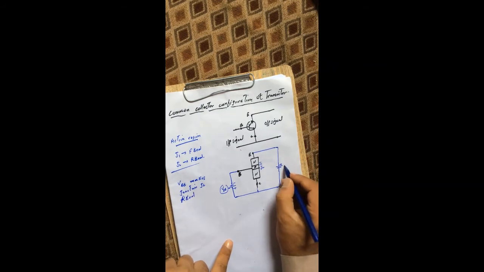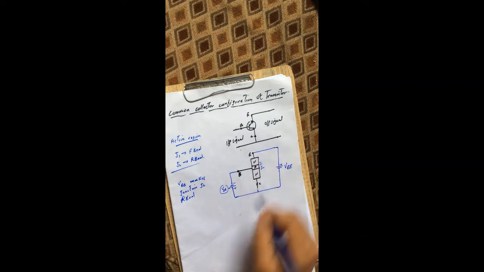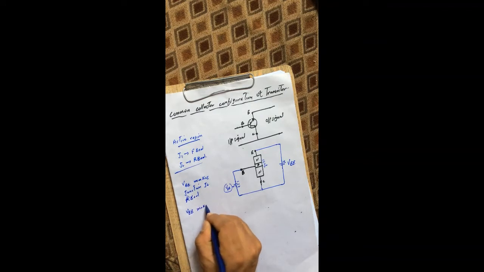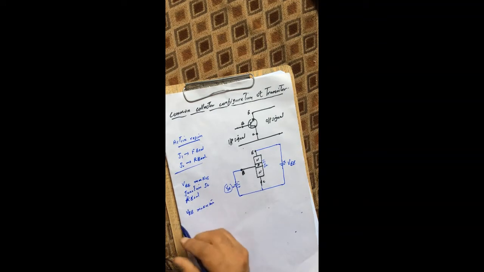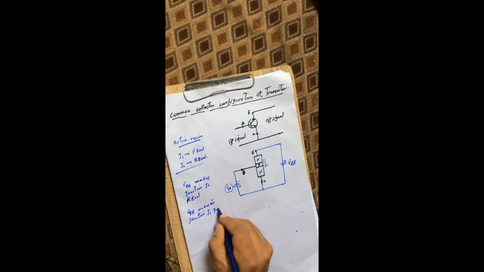Similarly, if I call this battery VEE, because it is connected to the emitter terminal, then the battery VEE makes junction J1 forward biased.